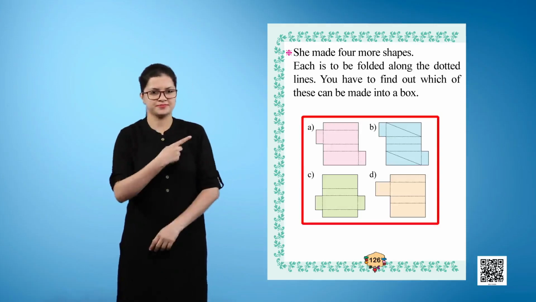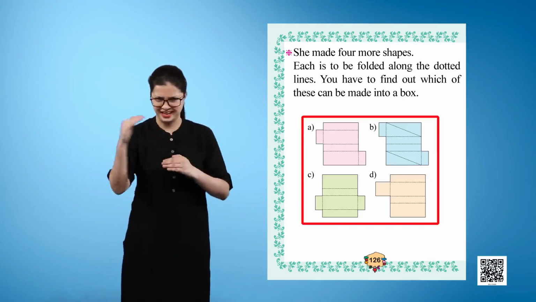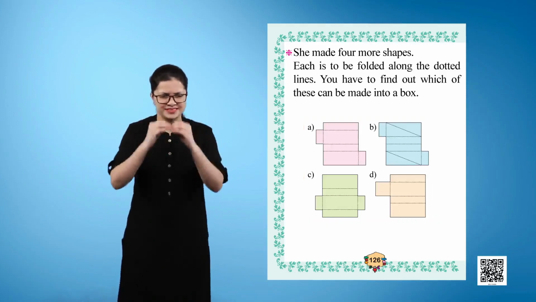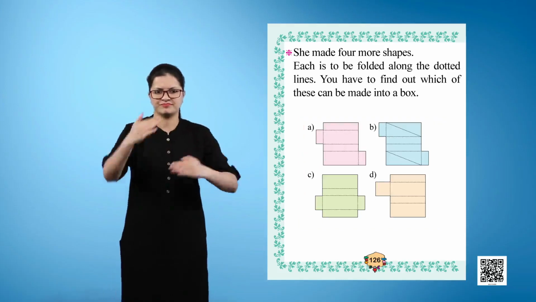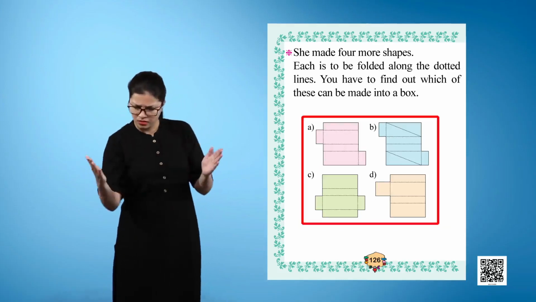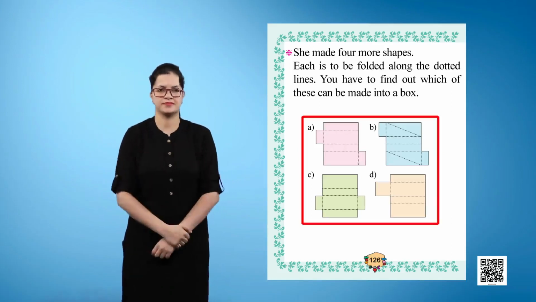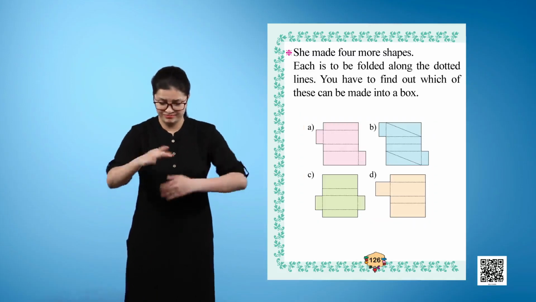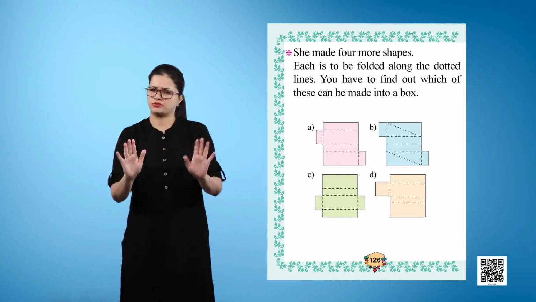We have 4 different cutouts below this, marked as A, B, C, and D. Each has some dotted lines and is supposed to be folded along those lines. And also you have to find out which of these can actually be made into a box.